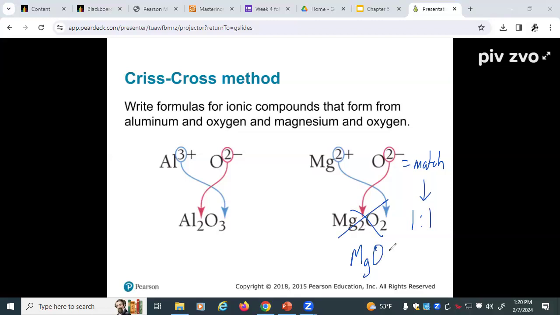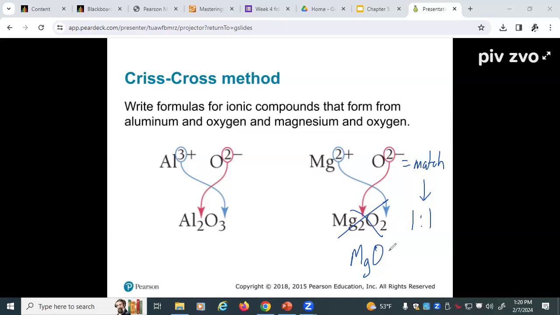The correct formula for magnesium oxide is MgO. And it's that way because if I put 1 magnesium and 1 oxide together, I'm going to have charge balance. I got 2 positives and 2 negatives. They're going to cancel each other out.